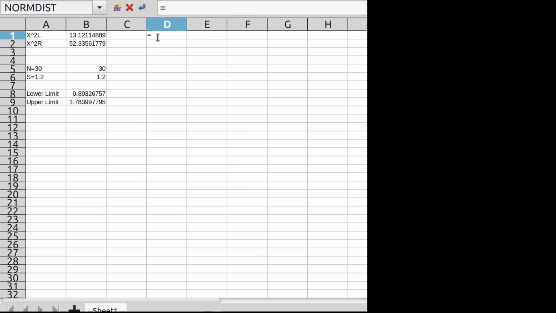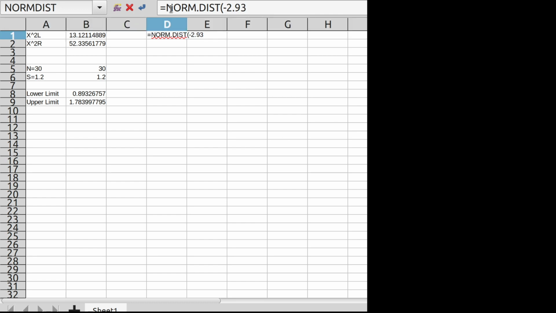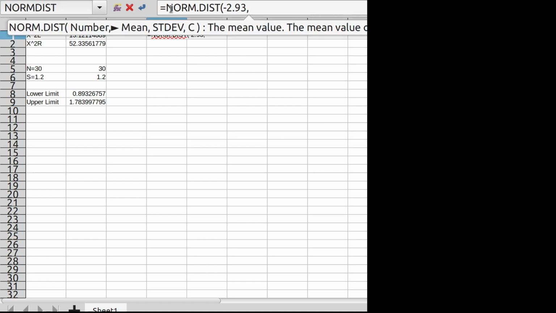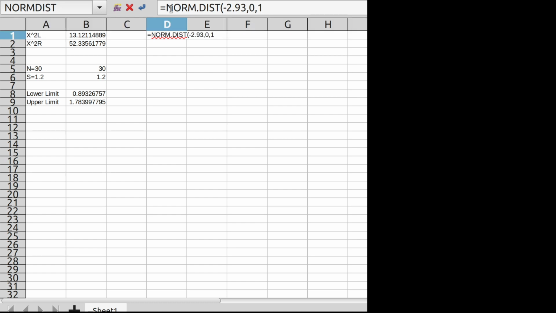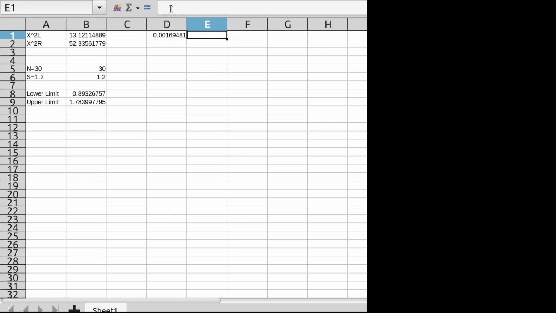There we go. And so what we want to do is find a z-score, and find the probability that goes with it. So we're going to use the normal distribution, NORM.DIST, and then the number we got, negative 2.98, comma, our mean is 0, and our standard deviation is 1, that's the normal, and then it's going to be true for cumulative.